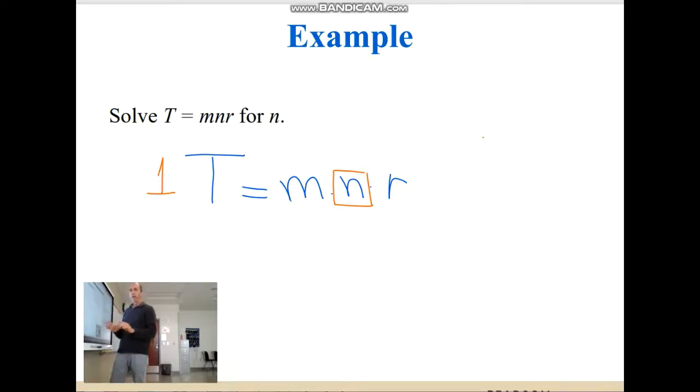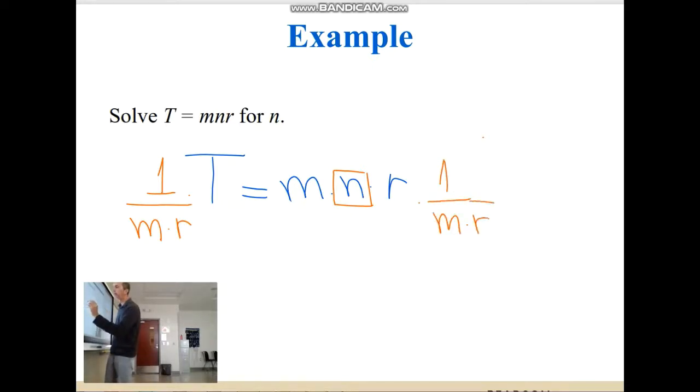To be able to do this, we will apply the multiplication property of equality. So multiply both sides by 1 over m times r. If you multiply both sides, you keep the equality, right?